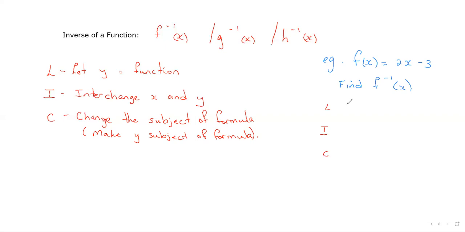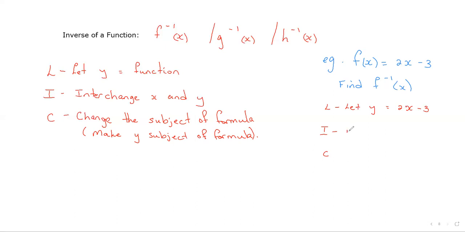L means you're going to let y equal to the function. Right? So remember, this was f of x. Remember, initially we did say f of x, g of x, h of x was y. Right? So it's like you're replacing the f of x or g of x or h of x with y instead. So instead of f of x, you're going to write y is equal to 2x minus 3.